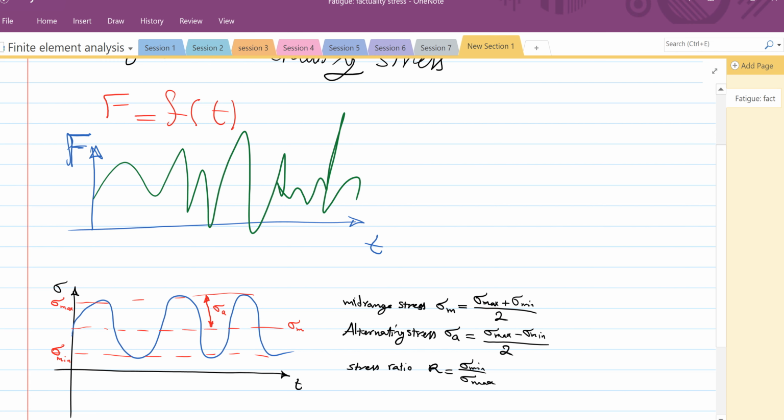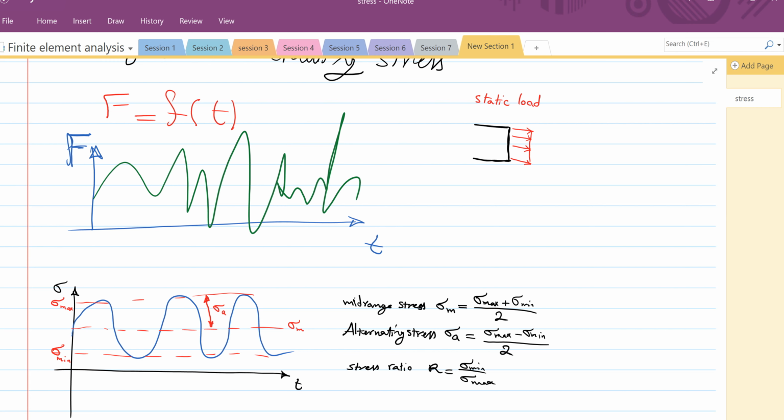So if I draw, this is for example our cross section, and we have this stress profile here. This is a static load. Probably it is going to fail when we reach yield stress or ultimate stress.